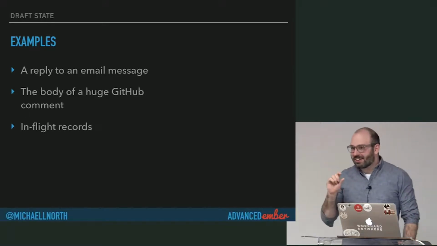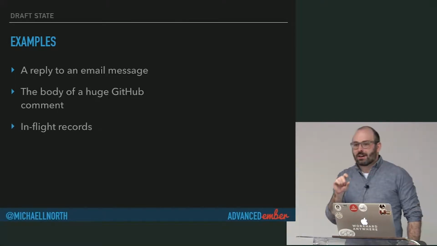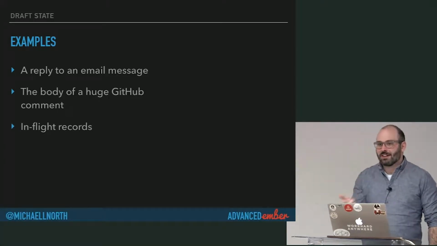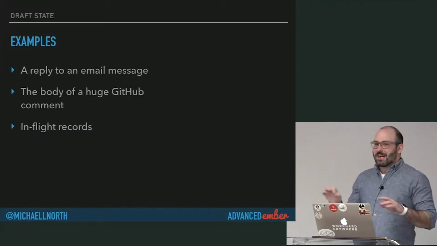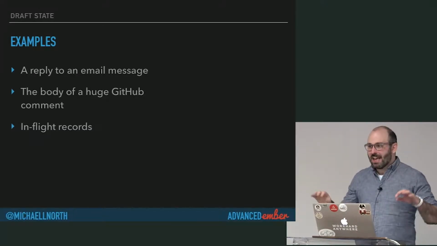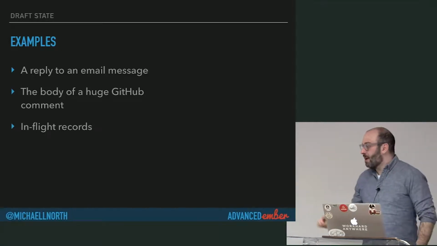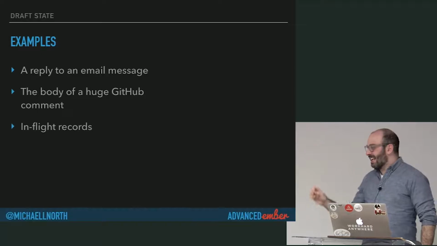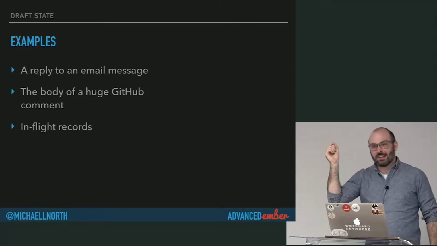You're already using draft state a little bit, although you might not know it. And this is for in-flight records. What I mean by an in-flight record is, if we imagine that we're all living as hummingbirds, and the whole rest of the world is taking a very long time, when we persist a comment, it's going to take hours for that thing to finally come back from an API with an ID.